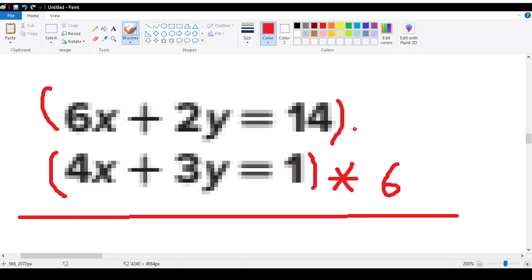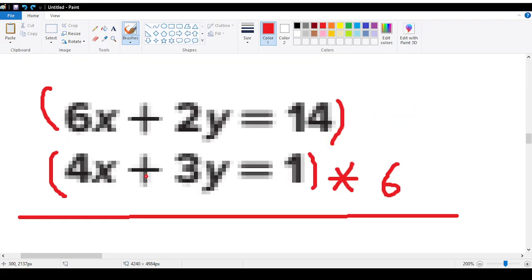That's correct. And the first one? 4. Now you have to make sure whether they have the same sign or not. Since they have the same sign, plus, plus, you will put one of them negative, either this or this, to make them opposite signs. Okay?